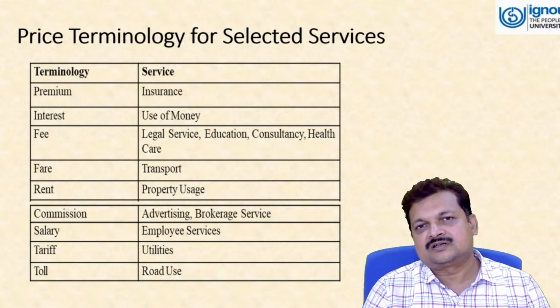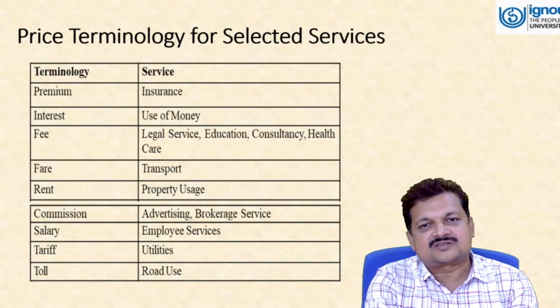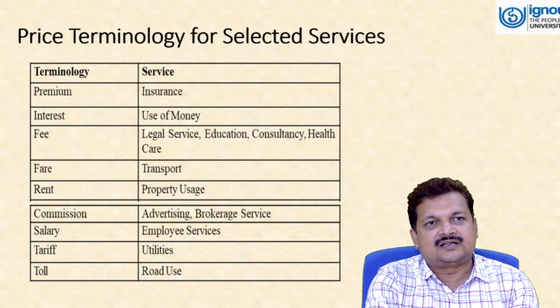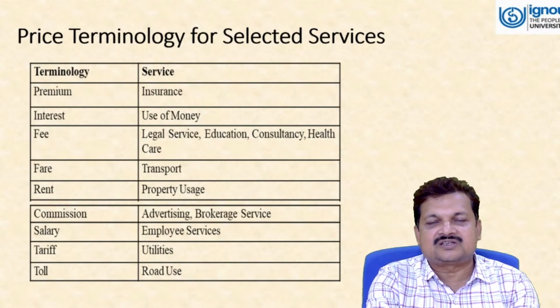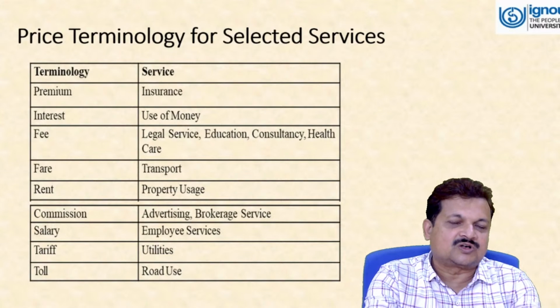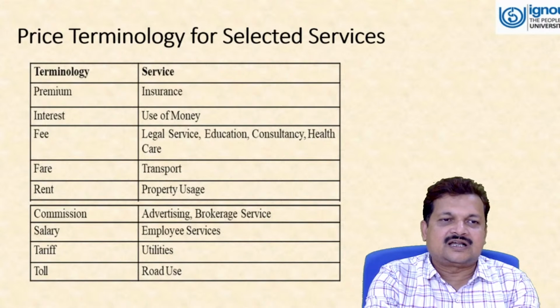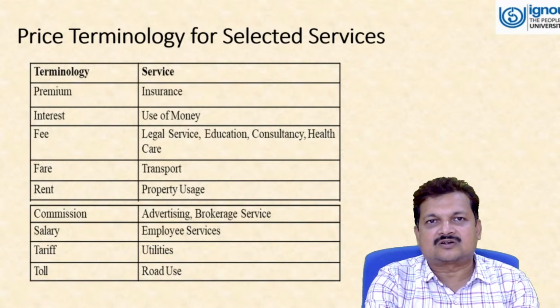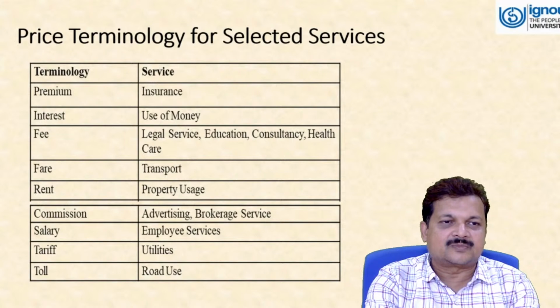Fees are given for different kinds of assignments, like school fees, education related, health related, fees in medical, then legal works, court fees and other things. In transport, we use the term fare, like the fare in flight, fare in train. In housing, we talk about rent, that is the amount paid by the tenant to the owner.